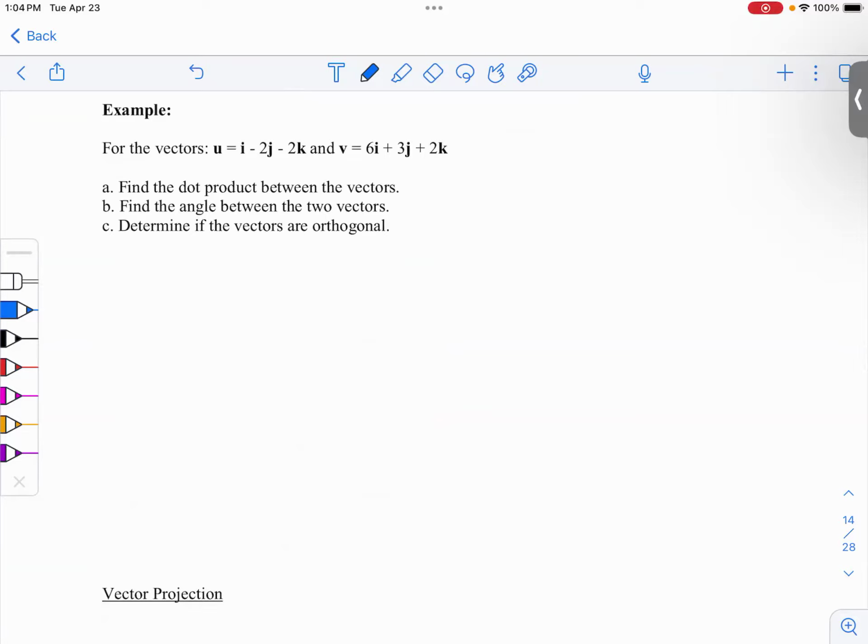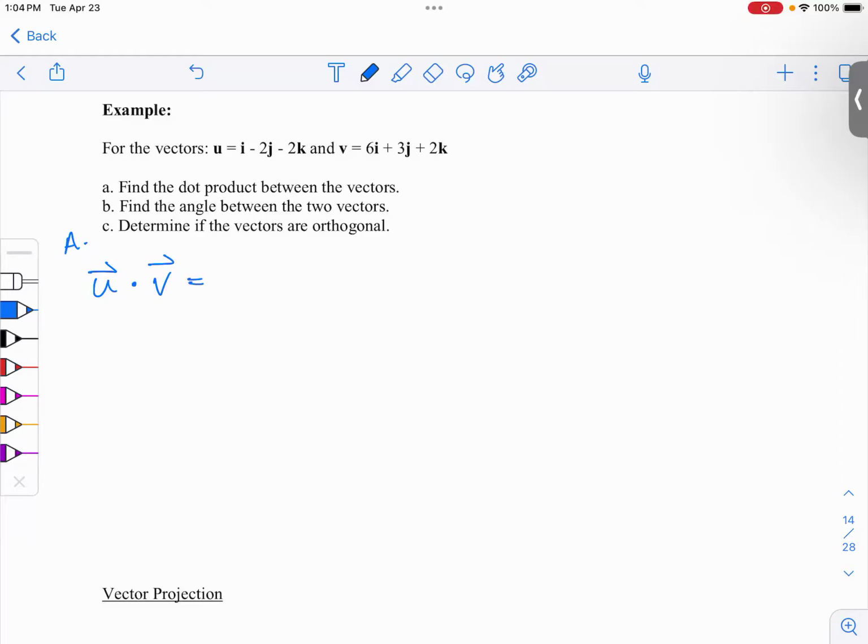So let's look at an example. I have the vectors u and v, given in the ijk components, and I want to find the dot product of the two of them to start. Which means you take each piece and multiply them.